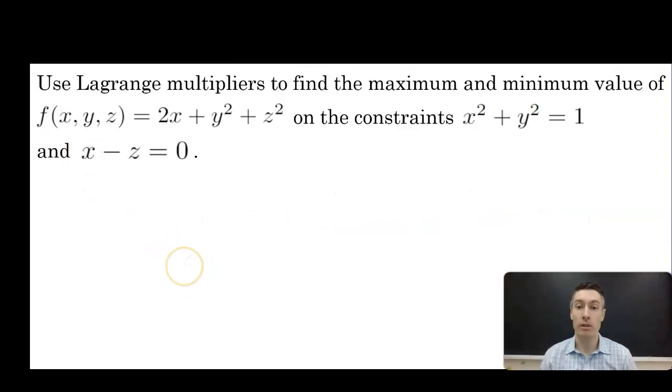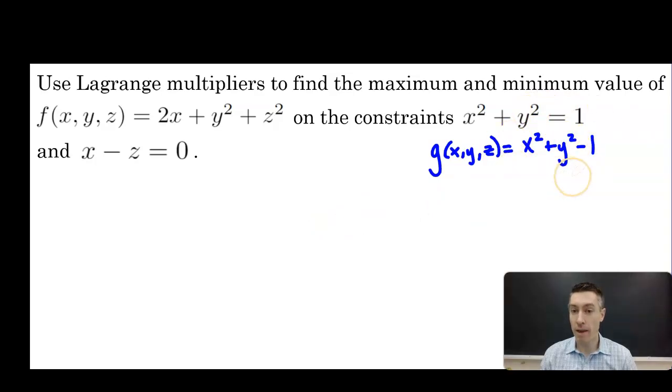So use Lagrange multipliers to find the maximum and minimum value of the function 2x plus y squared plus z squared on the constraints x squared plus y squared equal 1 and x minus z equals 0. Okay, so g of x, y, z, our first constraint curve, is x squared plus y squared minus 1.